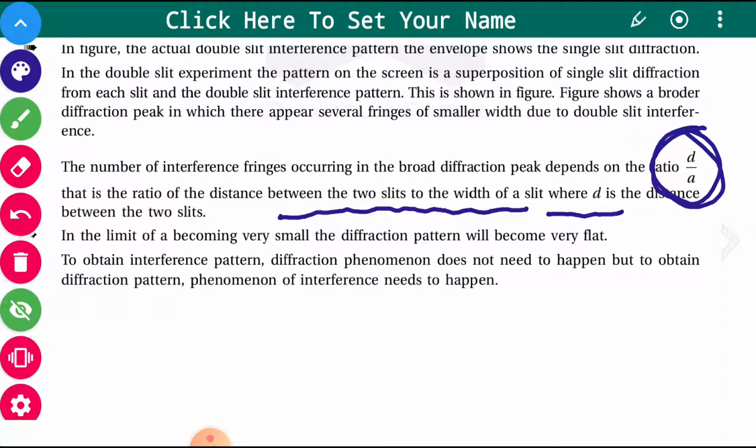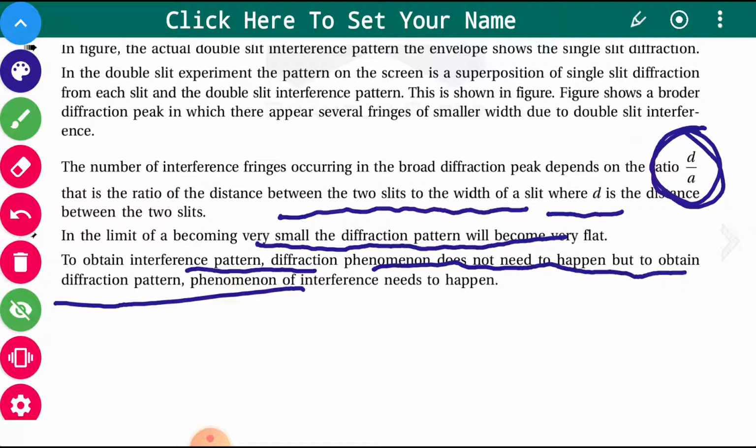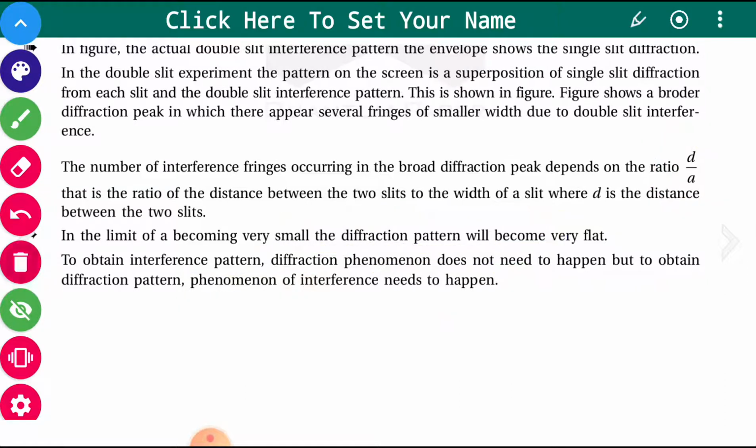In the limit of this becoming very small, the diffraction pattern will become very flat. To obtain an interference pattern, diffraction phenomena does not need to happen, but to obtain diffraction, we have to have the interference. Okay.